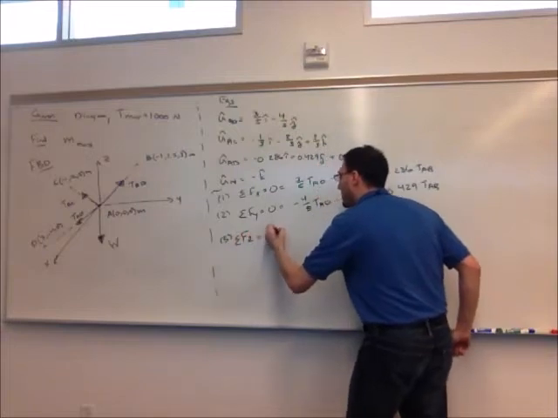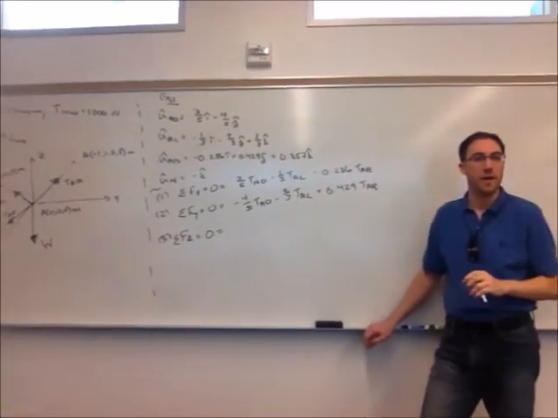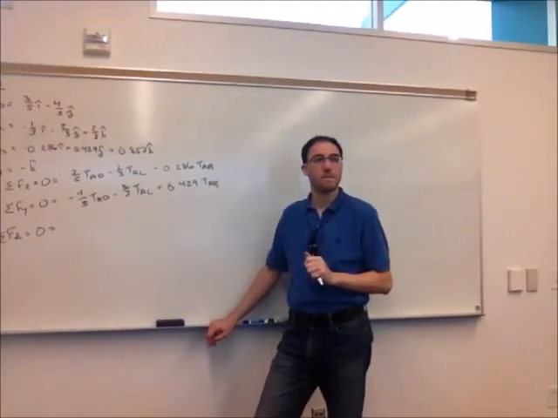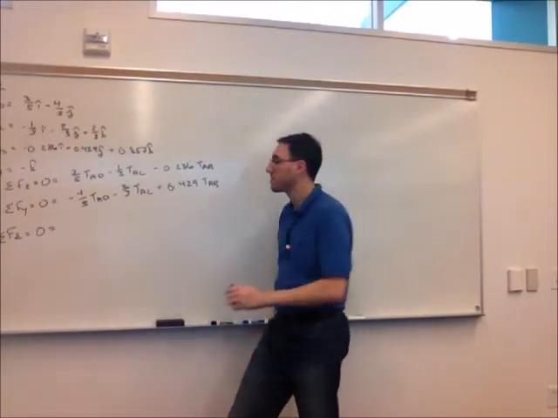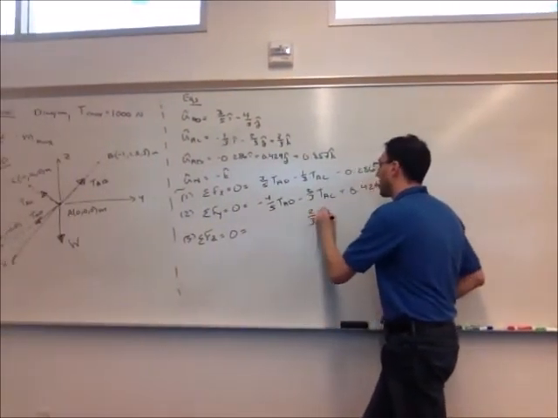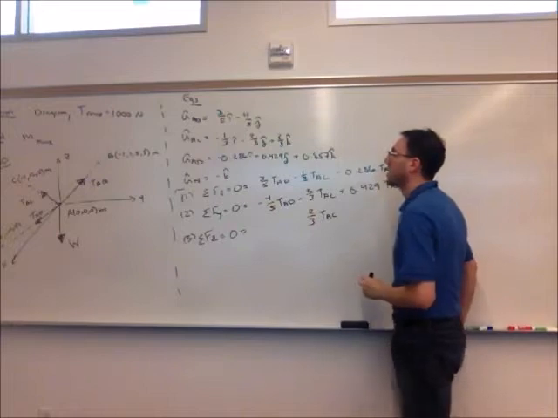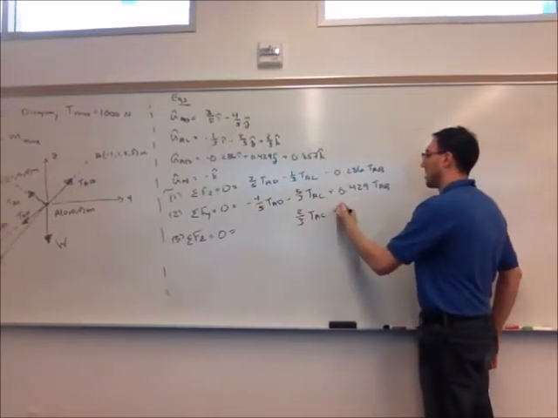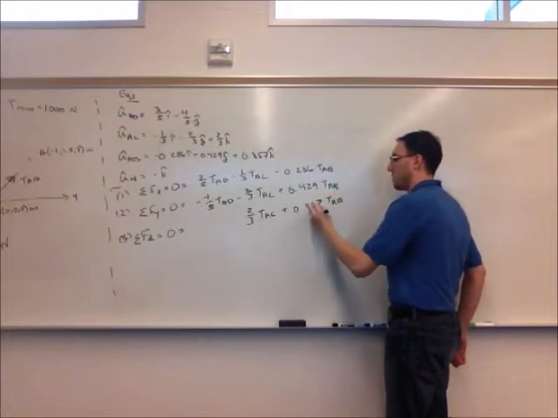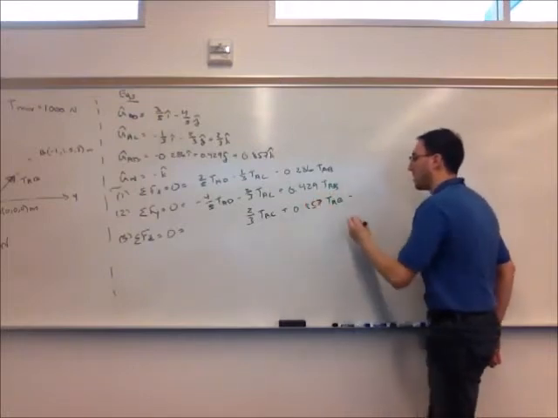So sum of forces in the z direction, what do we have there? Positive 2/3 TAC, positive 0.857 TAB. And then negative, well, we don't know.